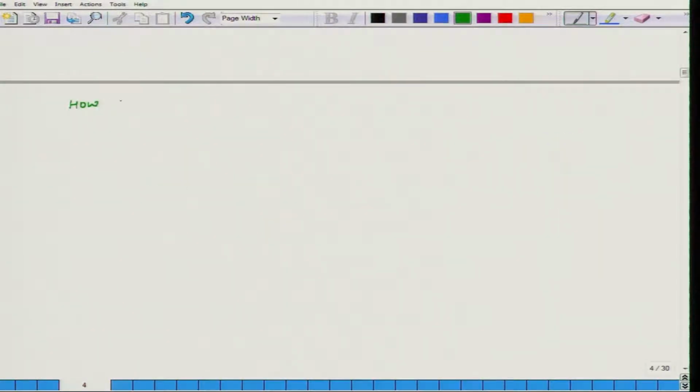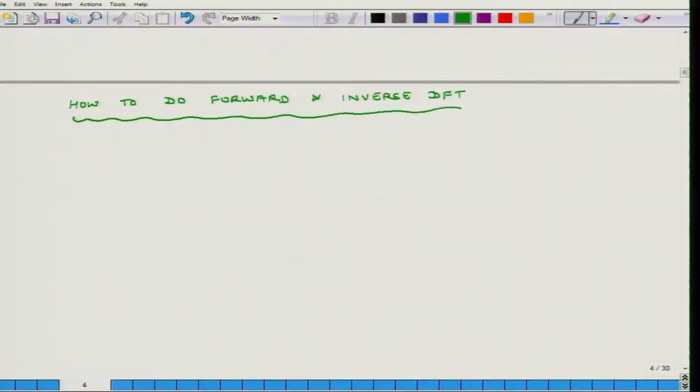So, in the next couple of minutes we will discuss how to do forward and inverse discrete Fourier transform. Okay. This we had already discussed earlier. So, if there is data, what is forward DFT?